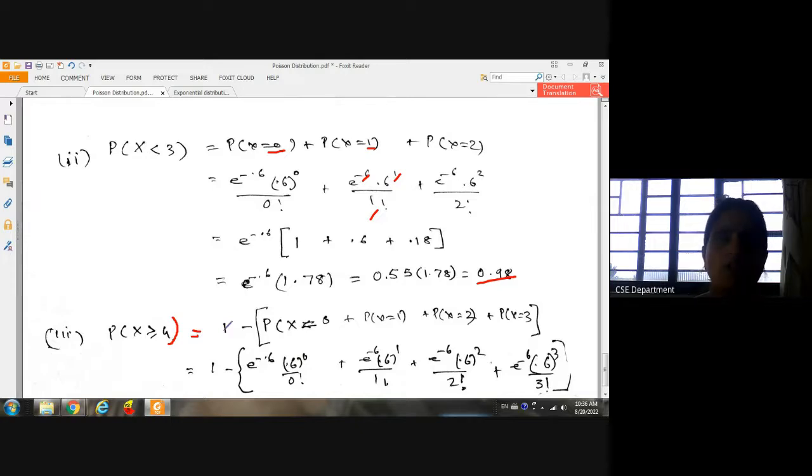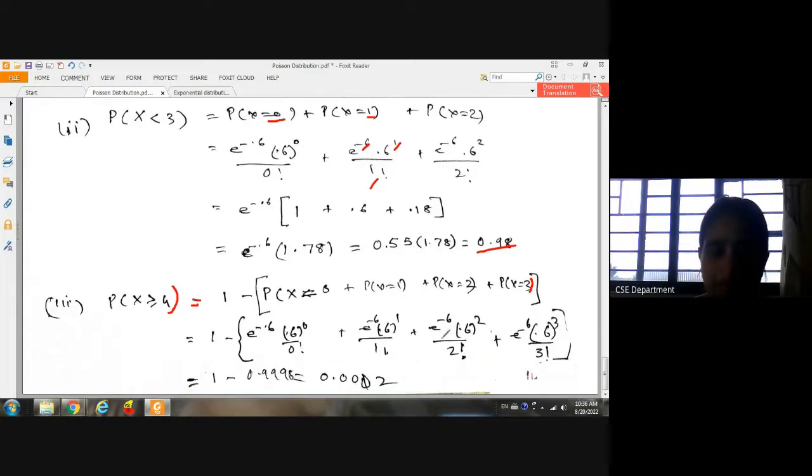Probability X equal to 0 plus probability X equal to 1 plus probability X equal to 2 and so on; the sum of all of them is 1. So from that total, we will subtract probability X equal to 0, probability X equal to 1, probability X equal to 2, probability X equal to 3. If we subtract, we will get our required probability that X is greater than or equal to 4.